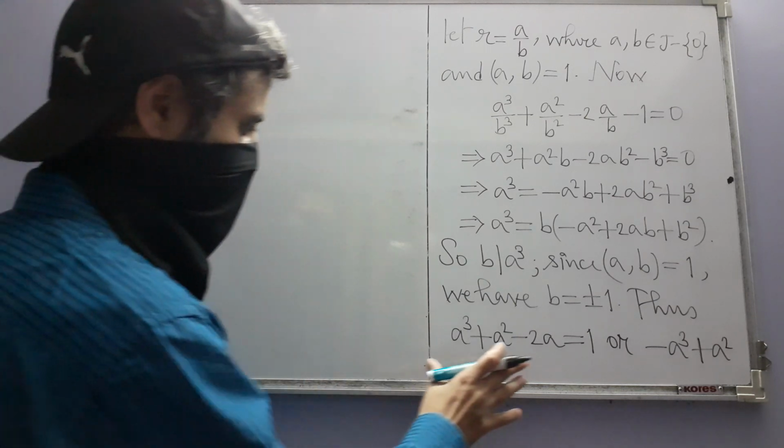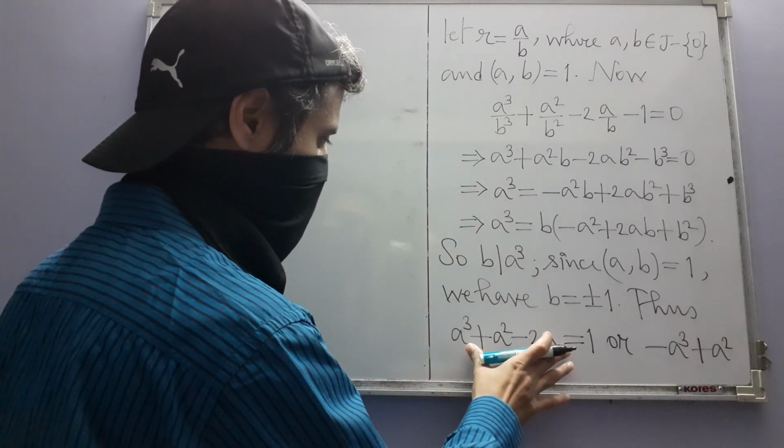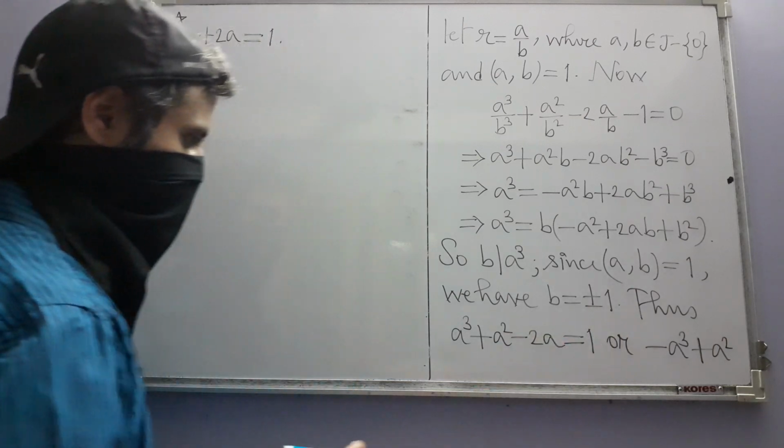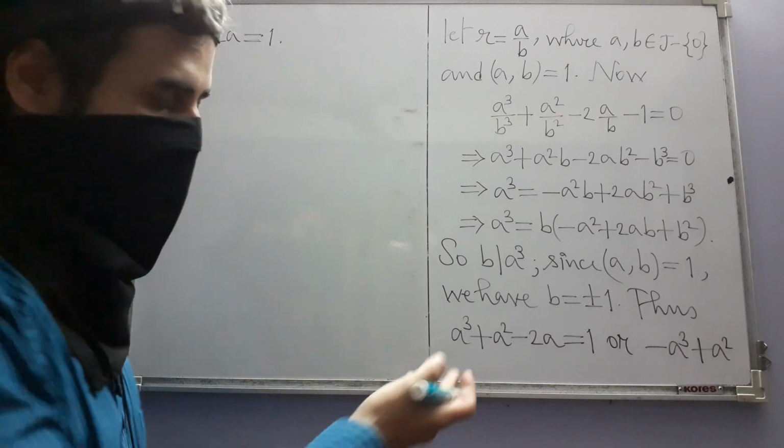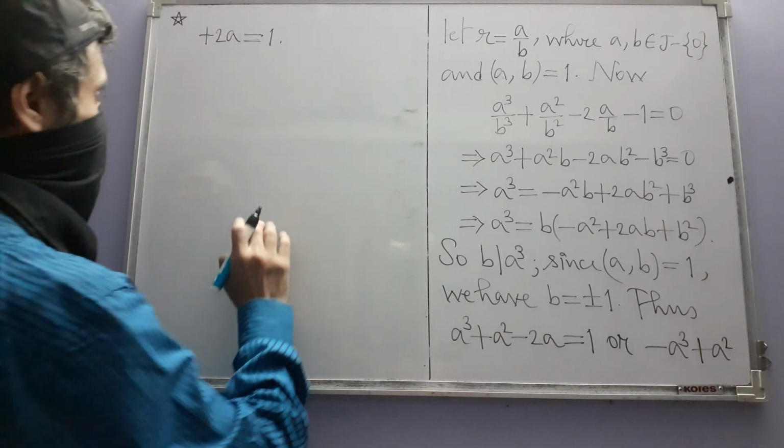So whatever the case is, whether this is true or that one is true, now A has to divide 1, because that's what we get from these equations.